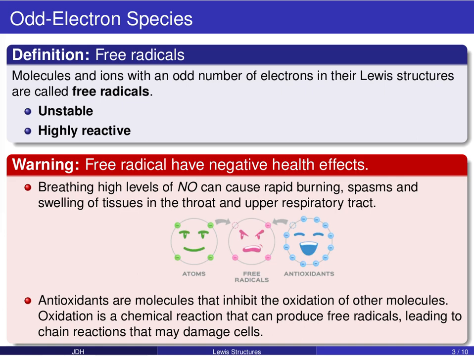You might have seen this again in a nutrition class: there are protective molecules in our bodies that serve the purpose of selectively and preferentially reacting with these free radicals before those free radicals have a chance to damage your body.